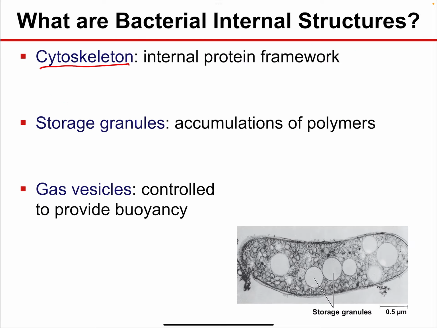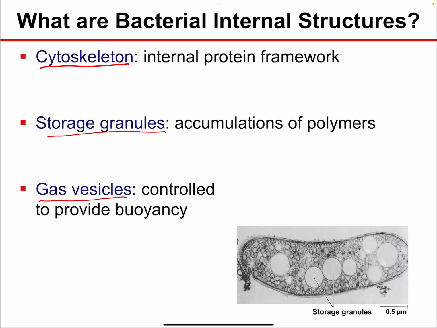All right. Other structures are the storage granules. These storage granules allow the bacterium to store some polymers, while some bacteria are going to have gas vacuoles. Those gas vacuoles are going to be essential for buoyancy, right?